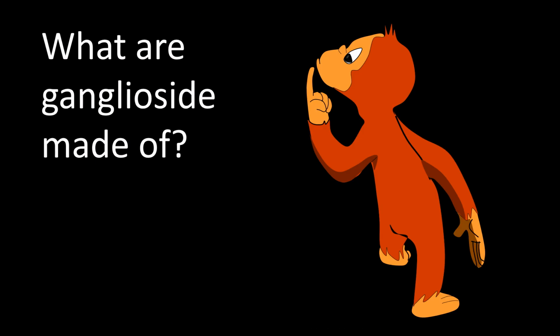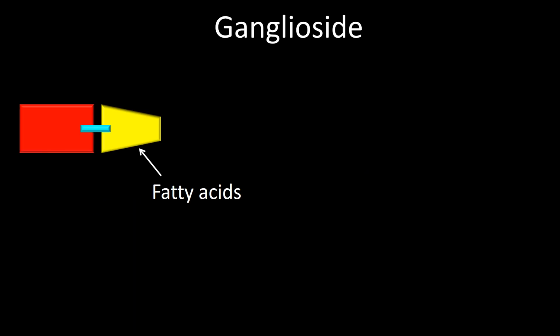The question then is, what are gangliosides made of? Gangliosides are made of sphingosine joined to a fatty acid, which is called ceramide. And here is where one of the confusing features of metabolic degenerative disorders starts. The source of the confusion is the use of different names to refer to more or less the same element.